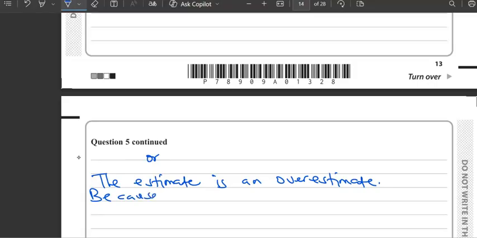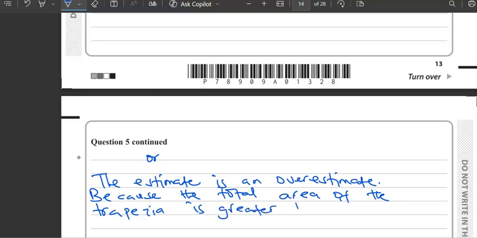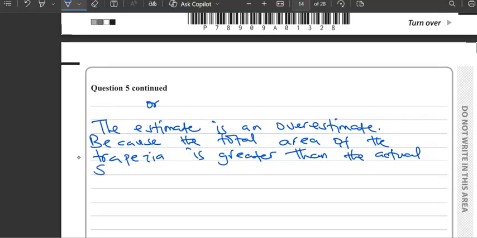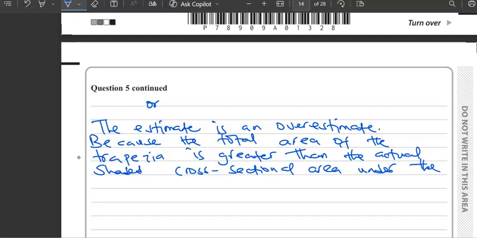Because the total area of the trapezia is greater than the actual shaded cross-sectional area under the curve.